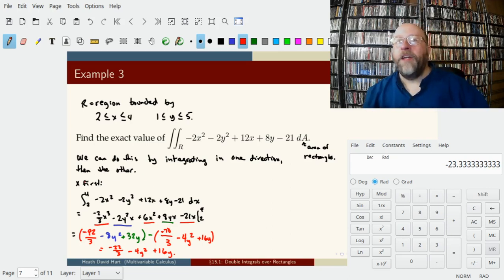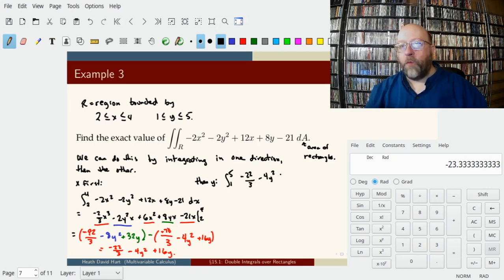So we have finished doing the integral with respect to x, but we still have to integrate now with respect to y. This time we're integrating from 1 to 5, and we get negative 22 thirds minus 4y squared plus 16y dy.